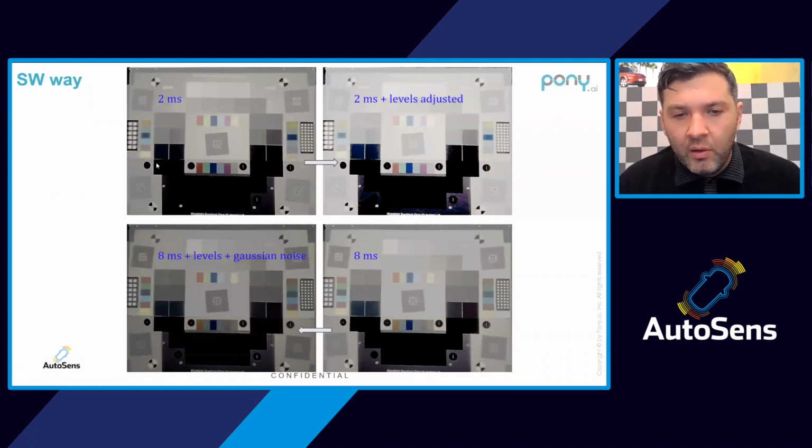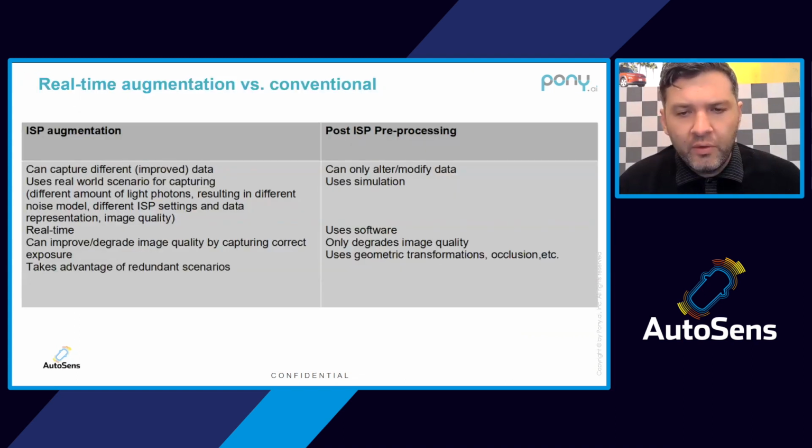So reverse also doesn't work. When we adjust the level of 2 milliseconds and make it brighter, it doesn't look like an 8 millisecond image. That's why software augmentation fundamentally is not correct, and it's not following the actual process in the sensor, how the noise is built.